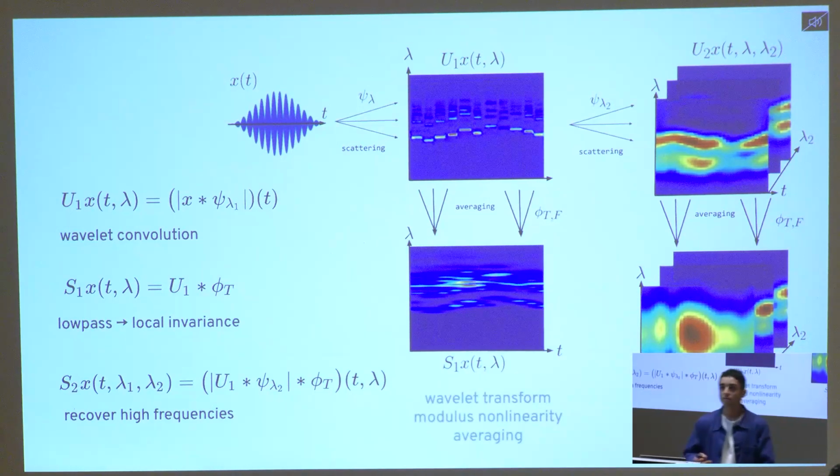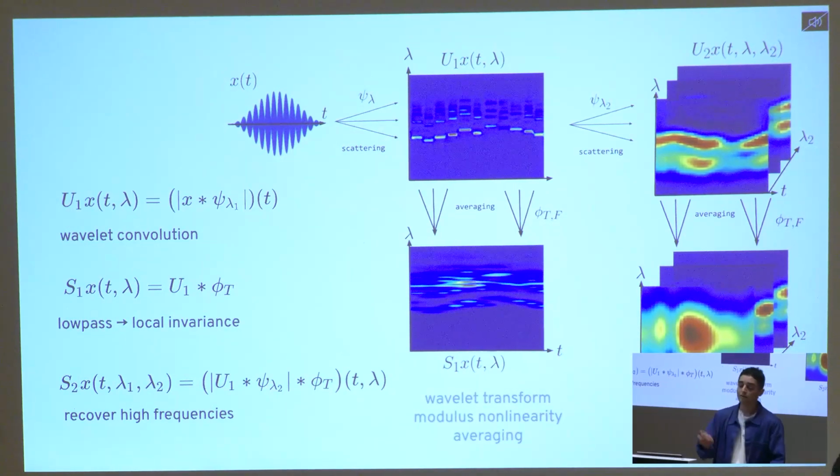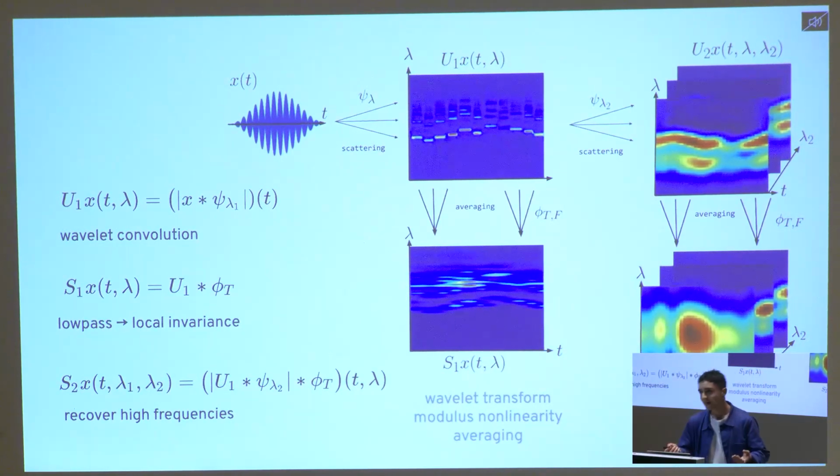So the scattering transform is basically multiple orders of wavelet transform, nonlinearity, and averaging. And yes, this is like a convnet, we like to say that. It's like a multi-layered wavelet convolutional neural network where nothing's learned, no filters are learned. We use a fixed wavelet filter bank to decompose a signal.